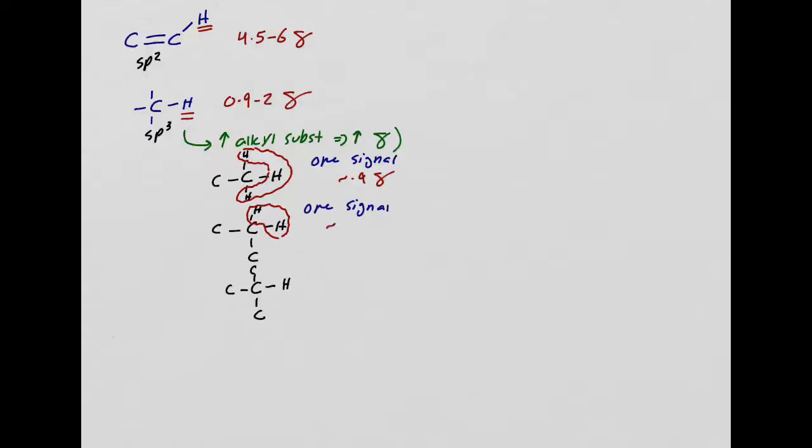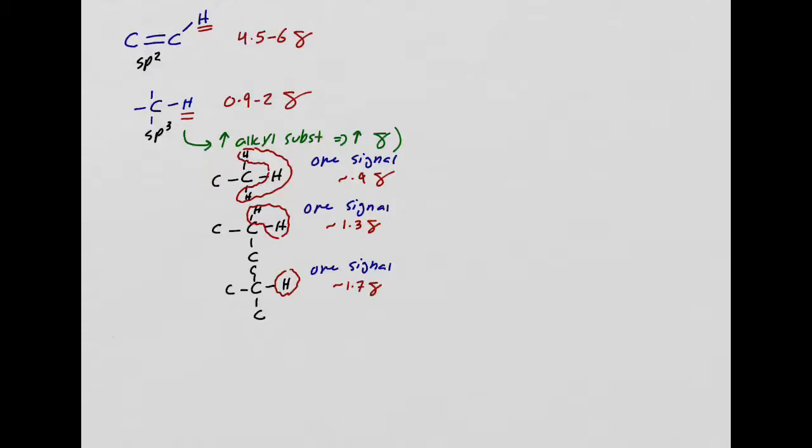This is going to be a little bit higher chemical shift. Okay, now over here, I have this one hydrogen. Okay, now this one hydrogen is going to give rise to one signal. Now this hydrogen is attached to a carbon, and this carbon is only attached to other carbon, right? So this is going to make the chemical shift to be even larger. So this is going to be around 1.7 ppm.